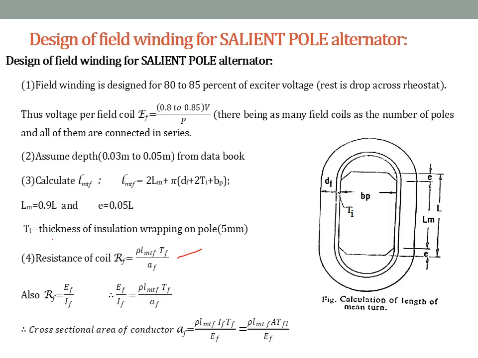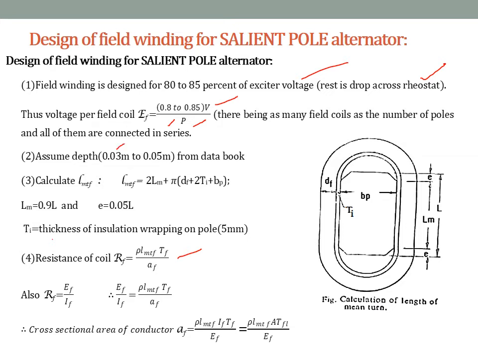This field winding is designed for 80 to 85% of exciter voltage. 15% is given for the variation in the field current, that is drop across the rheostat. So thus voltage per field coil EF is equal to 0.8 to 0.85 V divided by P. P is the number of poles. Since all the poles are connected in series, the applied voltage given to the field winding divides across each field winding. So that is the reason we have to divide it by P.